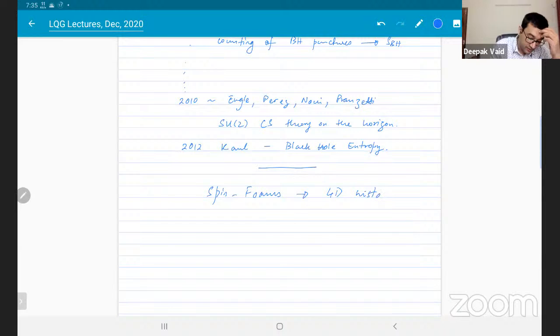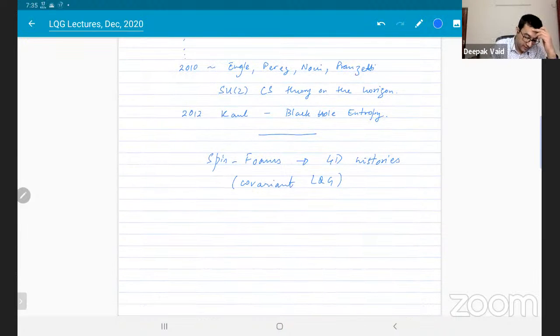You can call this covariant LQG. When we have been talking about LQG, we are fixing a foliation, so the covariance is lost, right? So how do you restore that covariance, that 4-dimensional space-time structure? That is where the spin foam formalism comes in.